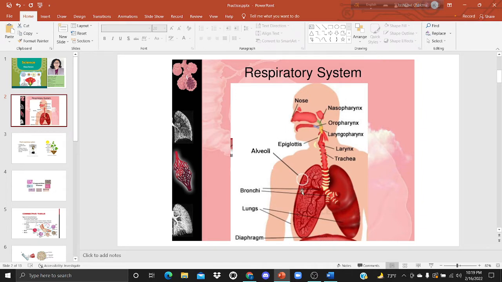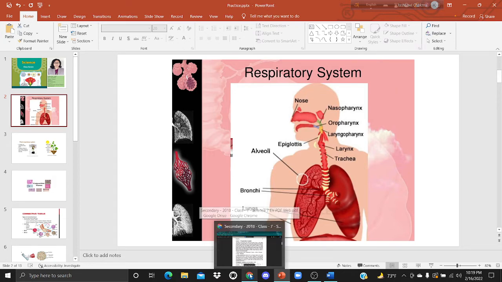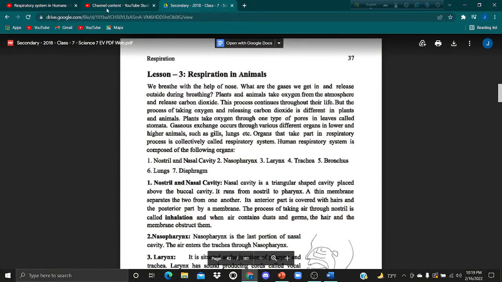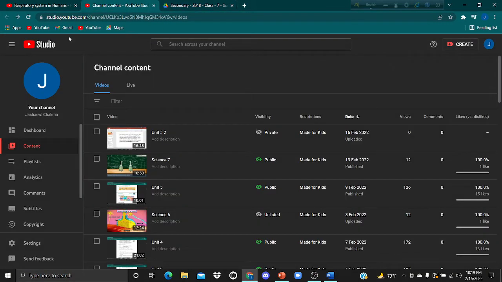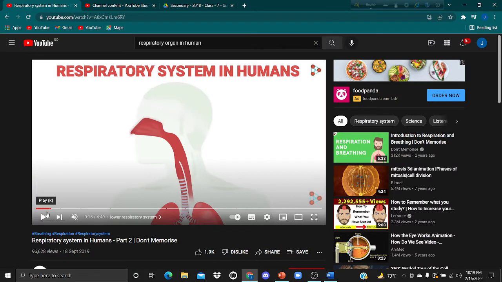Okay, these are the organs of the respiratory system in animals or in the human body. Now we will see the process, the system of this respiratory system.